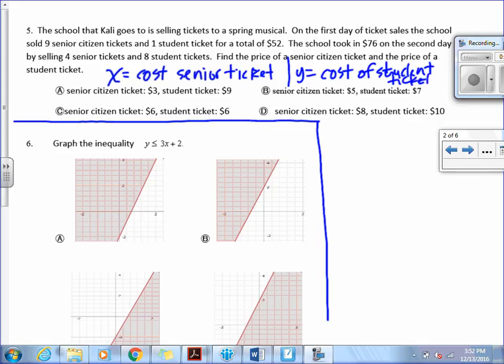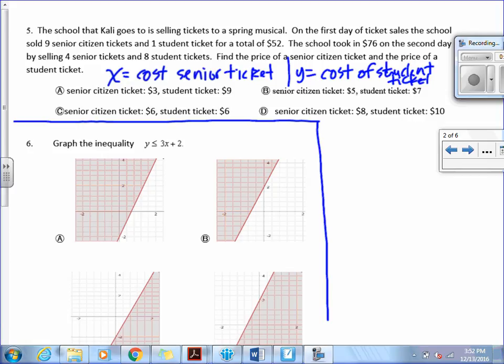All right. So now if you're trying to figure out how much money you're going to take in for your ticket sales, if you were selling tickets yourself, you would recognize you need to multiply 9 by the cost of the senior tickets and then 1 times the cost of the student tickets and add that together to get the 52.